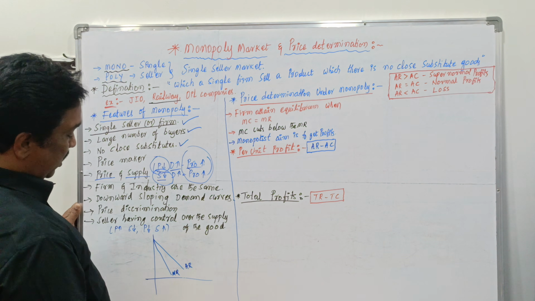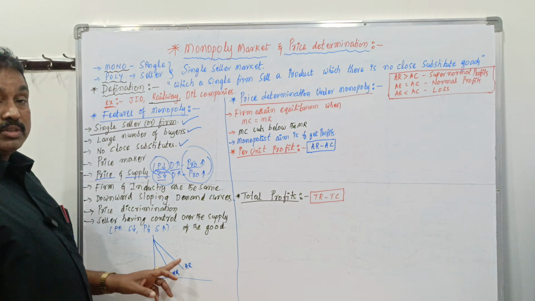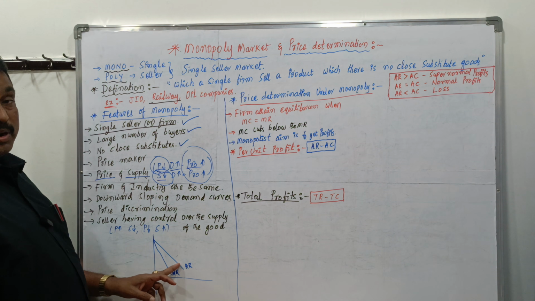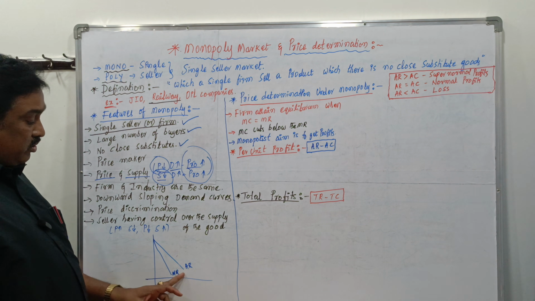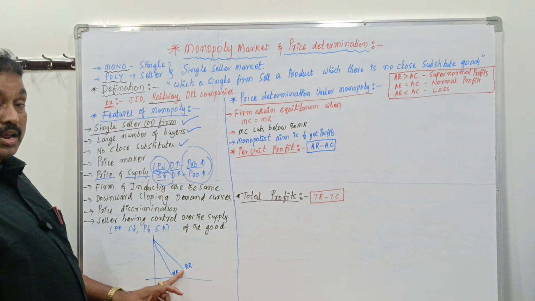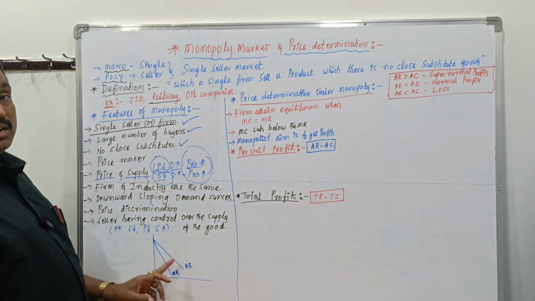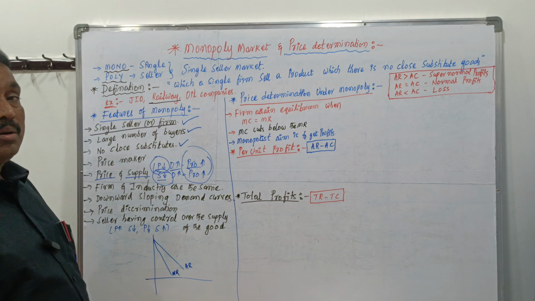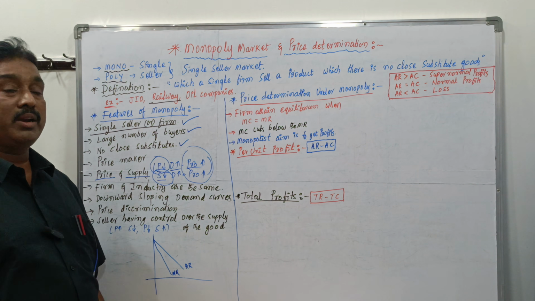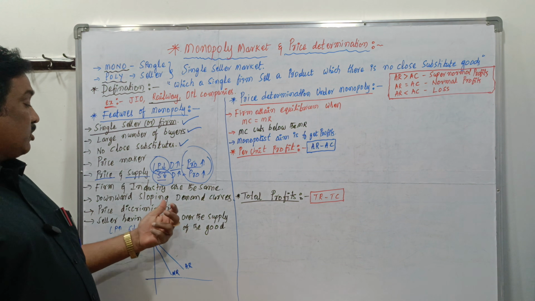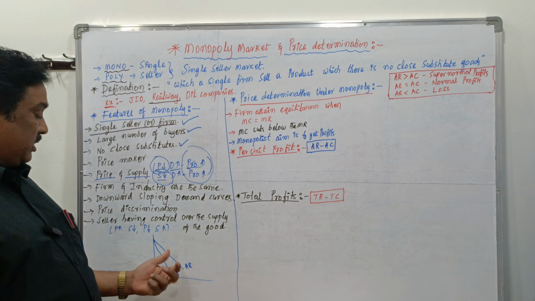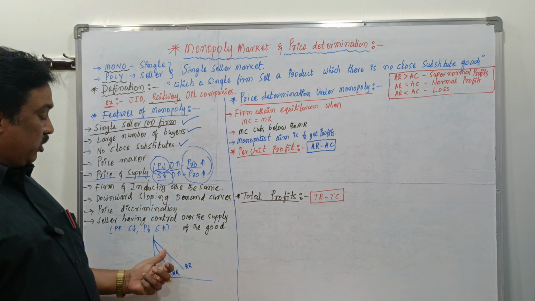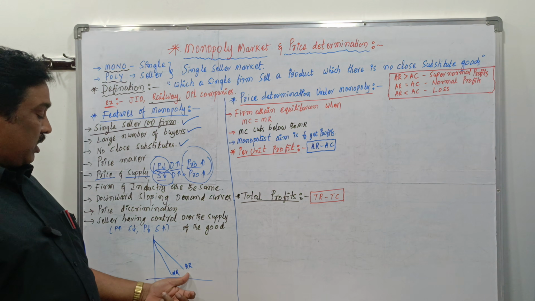This AR curve becomes the demand curve, it becomes the price curve. It has a negative slope from left to right downwards, especially in imperfect competition markets like the monopoly market.